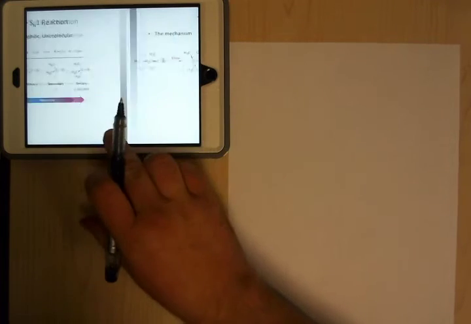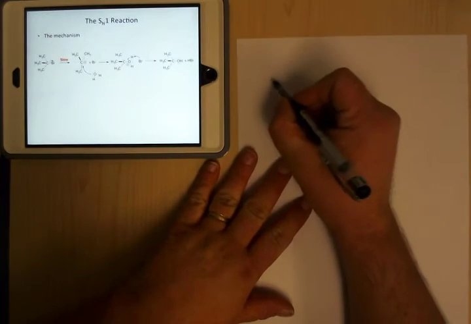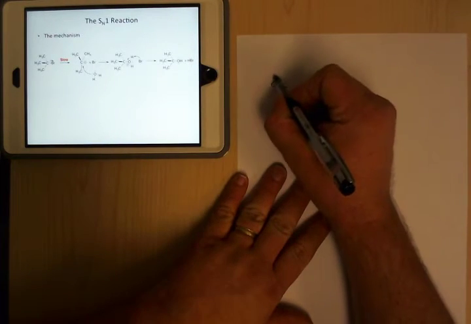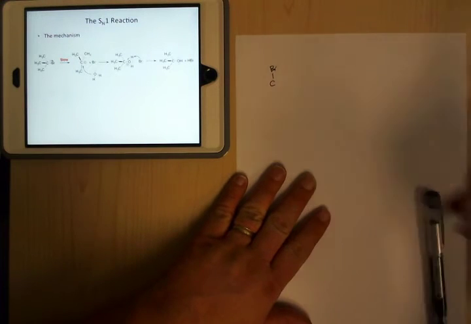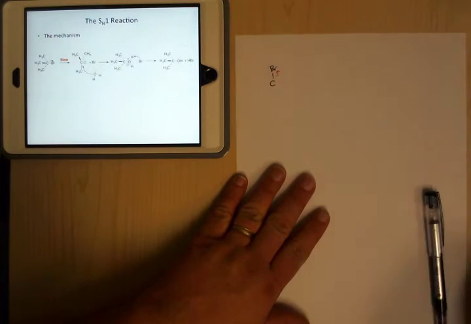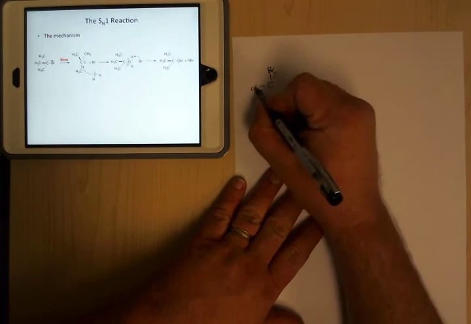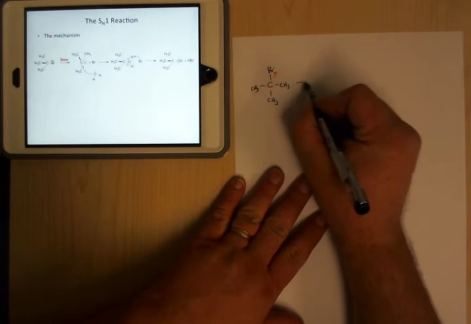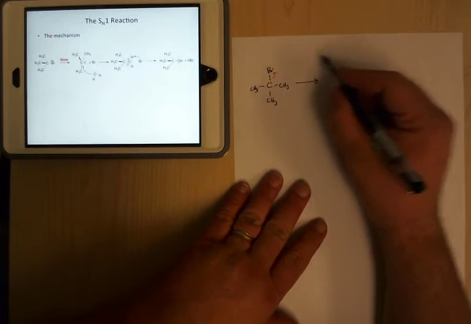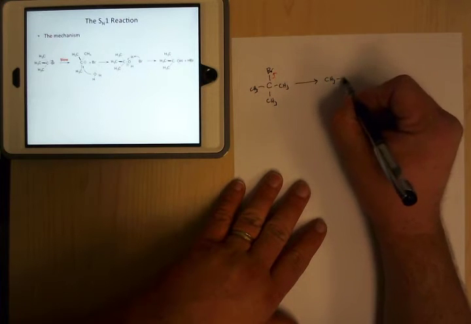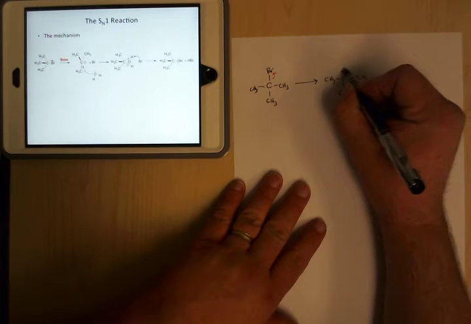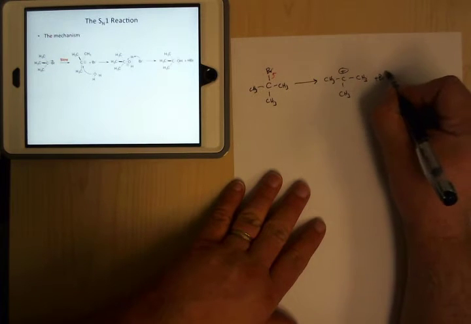Because what's happening in the mechanism is that the first thing that happens, the slow step, is this guy going away, this thing falling apart, to leave you with a carbocation plus Br minus.